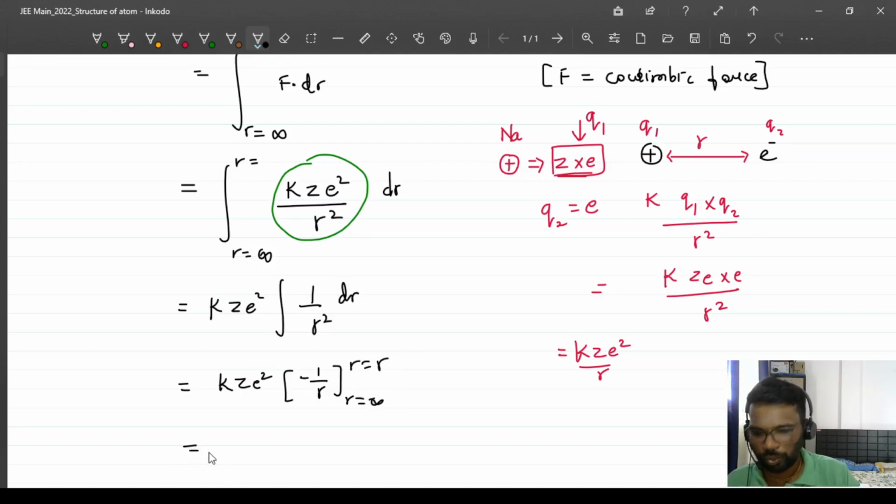Which is equal to minus k Z e square by r.